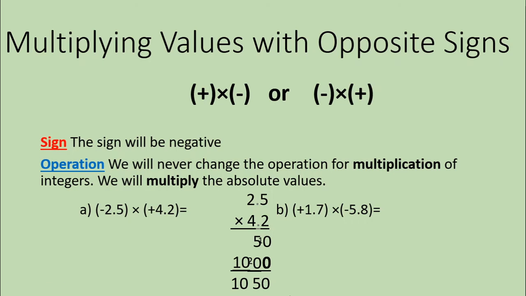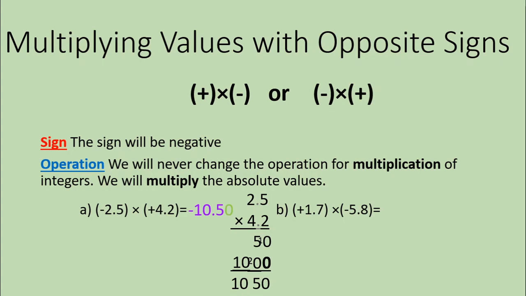That'll be my 5 and my 0. And I know that my answer is negative. So that's going to be negative 10.50. Note I put my 0 here very lightly in green because it's not necessary for me to write my trailing zeros after a decimal point. So that's negative 10.5.